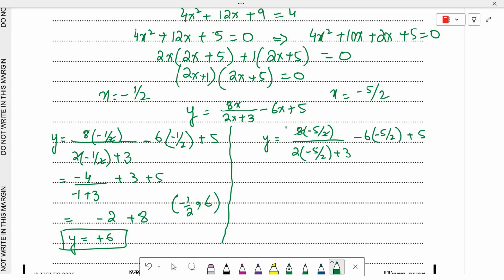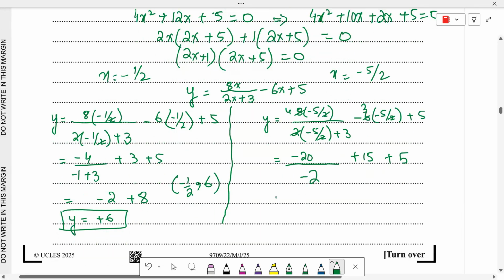So we will solve it further. 4 times negative 5 is negative 20 over negative 5 plus 3 is negative 2, and this will be equal to 10, and negative 6 times negative 5 over 2 is positive 15, and plus 5. Okay, this is equal to 10 plus 15 plus 5, which is 30. So we can say that the y coordinate is 20.